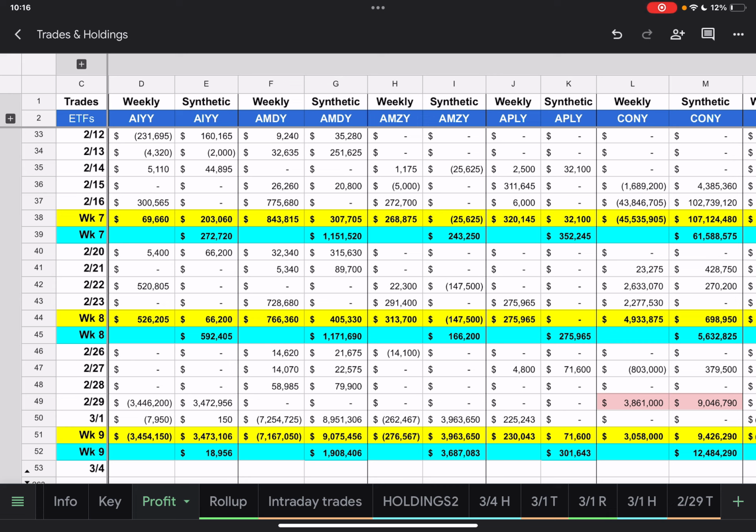Okay, so we'll go through here, and I don't even know that y'all even care for me to read these, but if we're looking at AIYY here at the top, you can see we have our week 7 of the year. That's just how I have them labeled for now, but for our weekly income, we had about 70,000 and about 203,000 for the synthetic, and we got a total of 272,000.